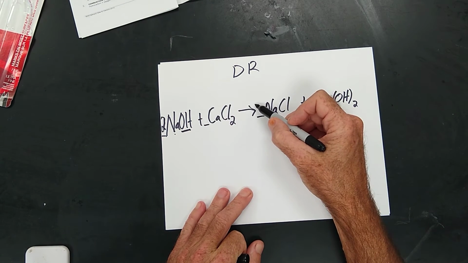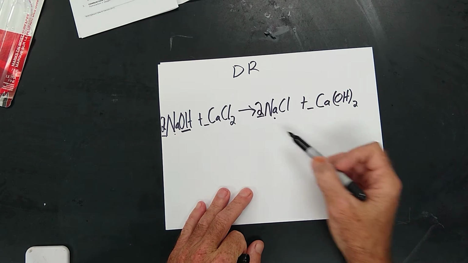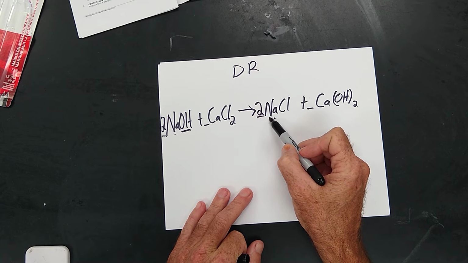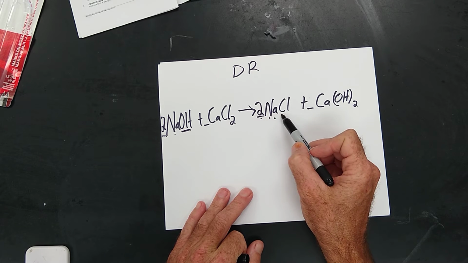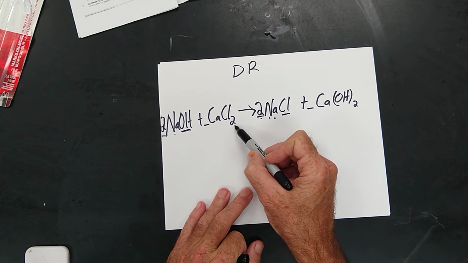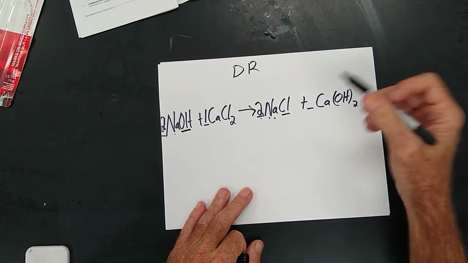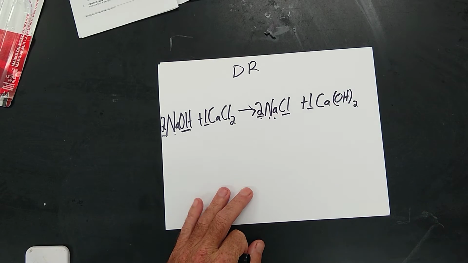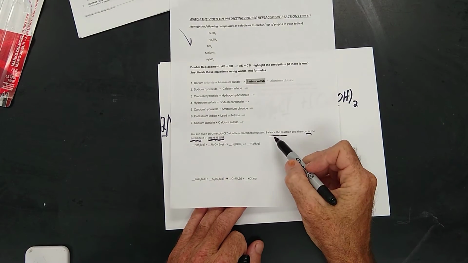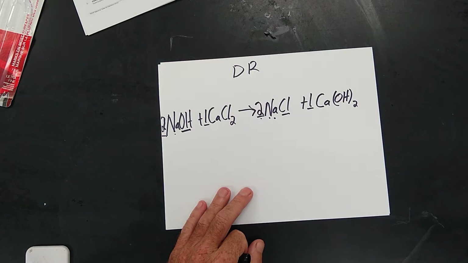And that's going to change my chlorines to 2. My sodiums to 2. So now I've got 2 sodiums, and that also gives me 2 chlorines. Well, there's 2 chlorines here. 1 calcium, 1 calcium, we're good. 2, 1, 2, 1. So we balanced it, and then it says circle the precipitate.